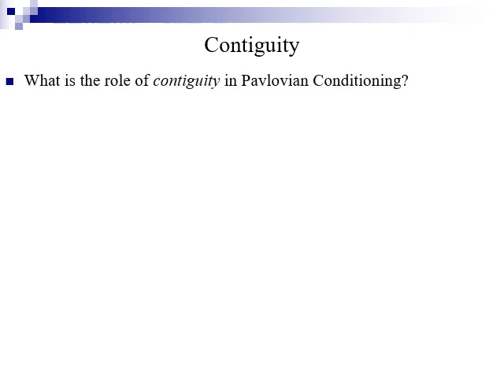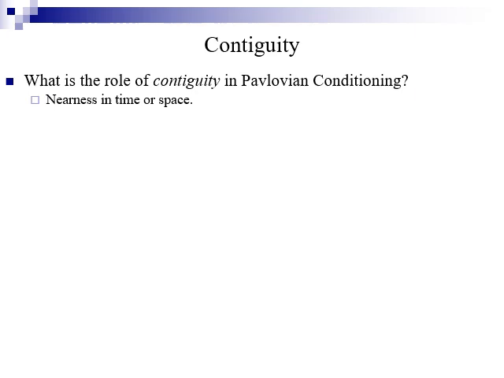So, now we get to some terms that are going to follow us through the rest of the semester. Contiguity is the first one of these. Contiguity is nearness in time or space. When things are contiguous, that means they are close together. High contiguity means that they are very close together.